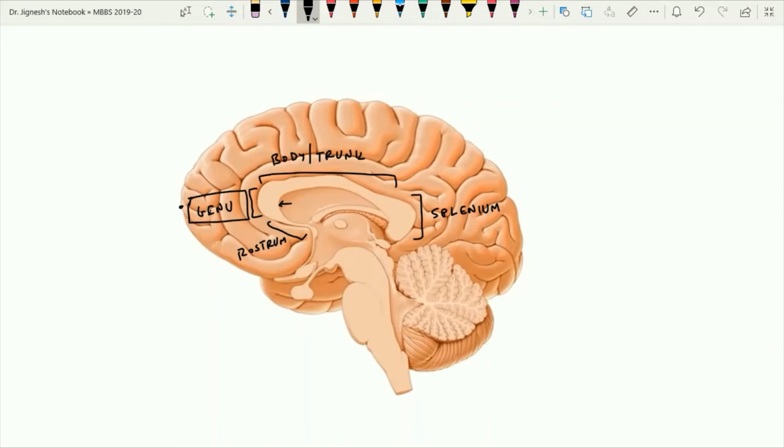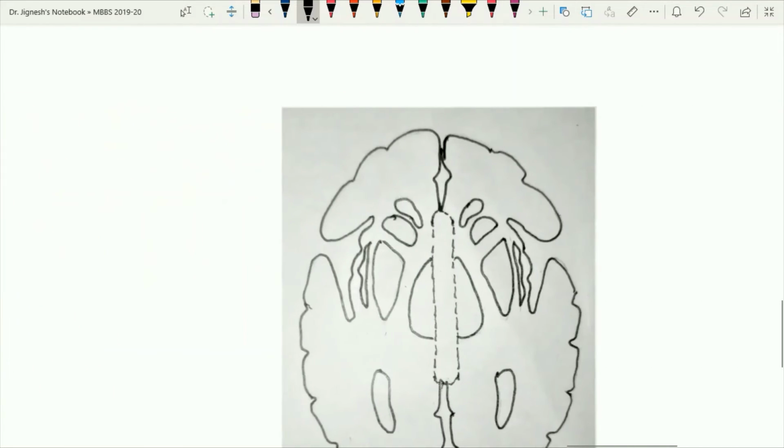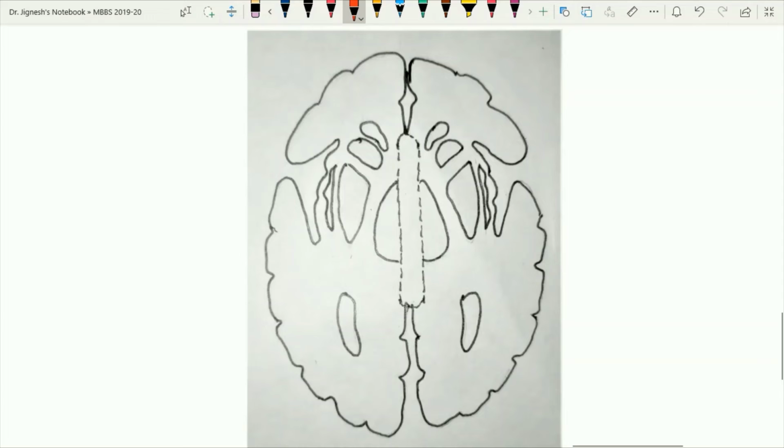When we see the genu in the horizontal section, this is the part of the genu, and the fibers from the genu interconnect the anterior parts of the frontal lobes, forming a fork-like structure called the forceps minor.